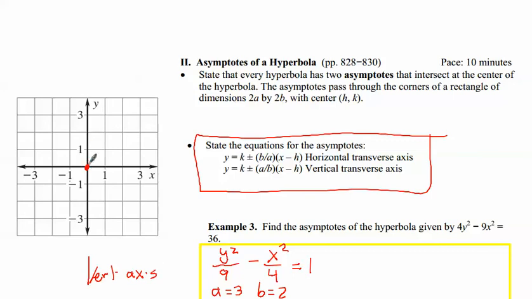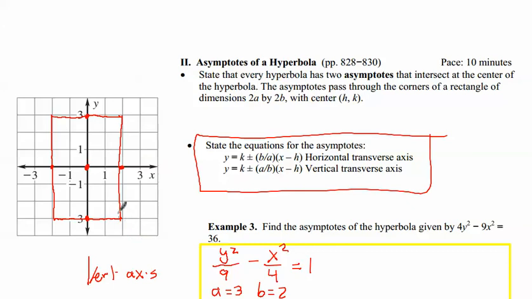So it's going to go up a units and down a units, and those are going to be the vertices of our hyperbola. Now if we go out to the sides b units from the center and draw a rectangle connecting these points, this will help us find our asymptotes.